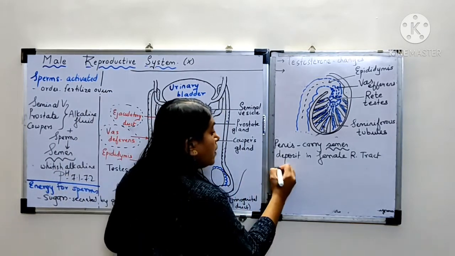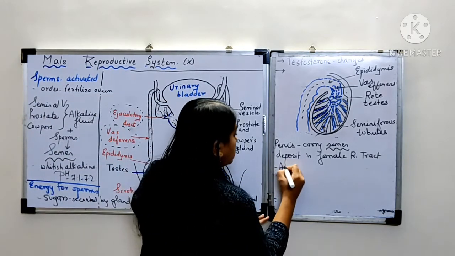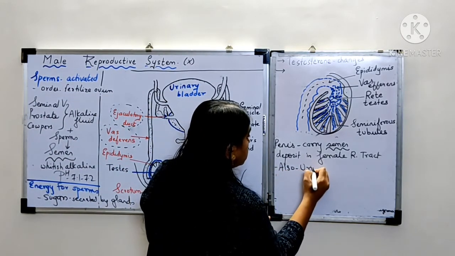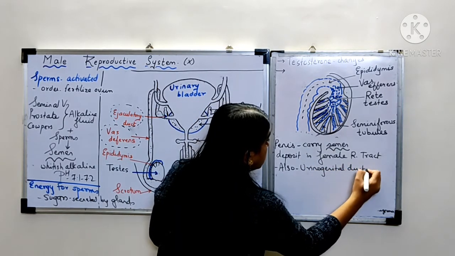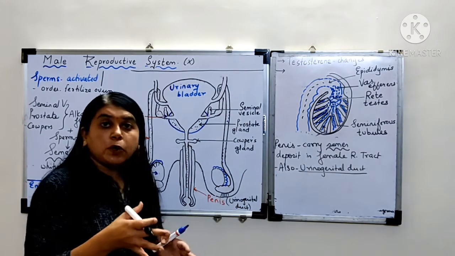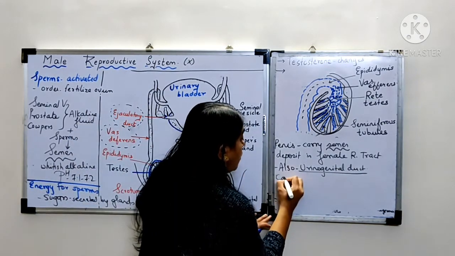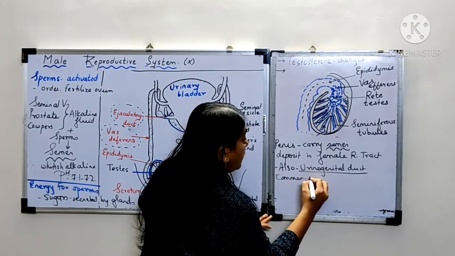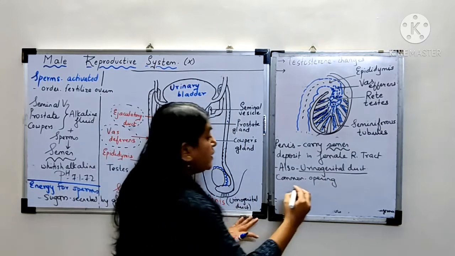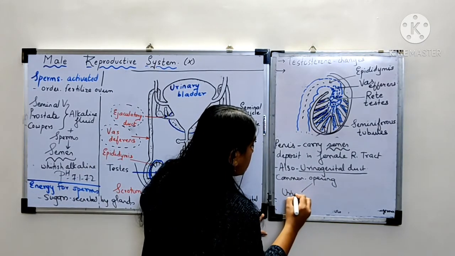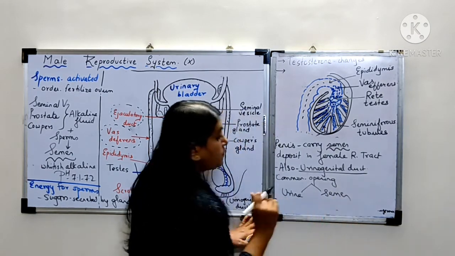Now, this is also called the urinogenital duct. Duct is a pipe or a tube-like structure. Urinogenital duct, because it is a common opening for urine as well as the semen.